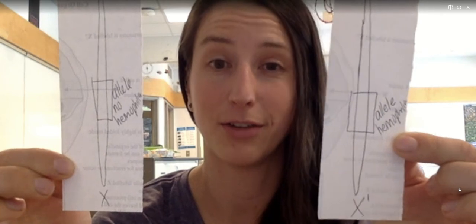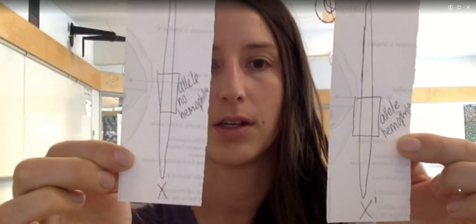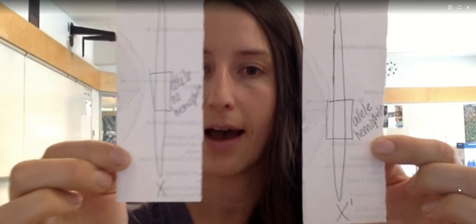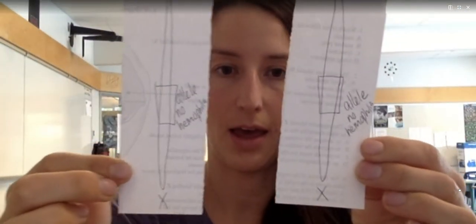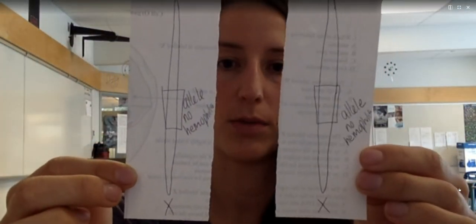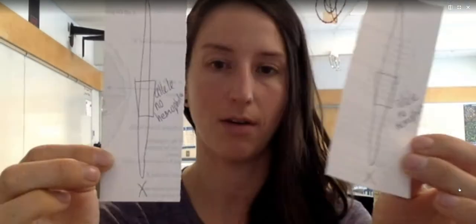It has an allele for hemophilia on it. So this normal no hemophilia X is going to mask the hemophilic one. If you are a person who has two X chromosomes, you can also have two alleles for no hemophilia, right? So those are two ways that you can be a female and not have hemophilia.